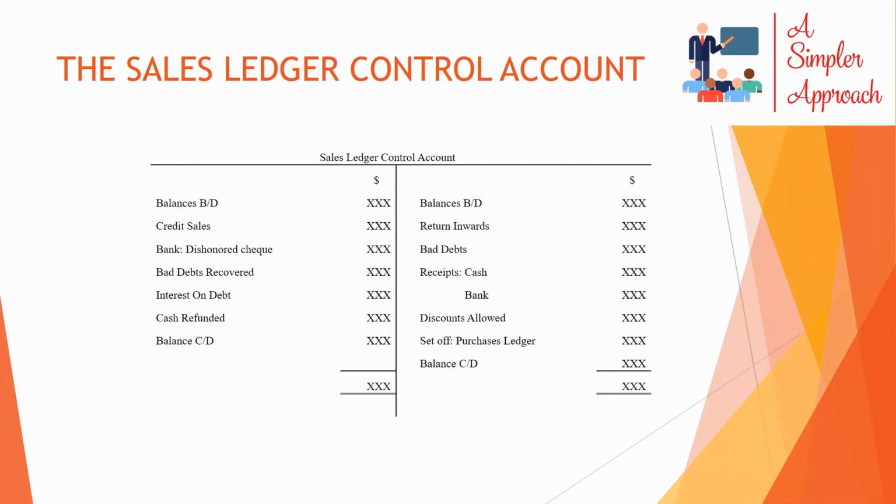Yes, it is possible. But when you get information to prepare sales ledger control, if the information just says sales ledger balances, it is a debit balance by nature. However, if it is a credit balance, the question will tell you. Okay? Now, credit sales.